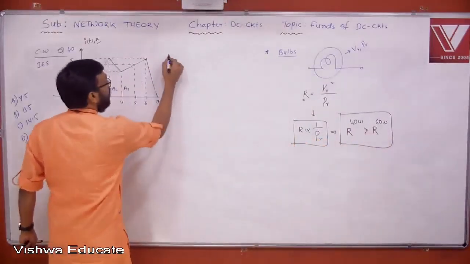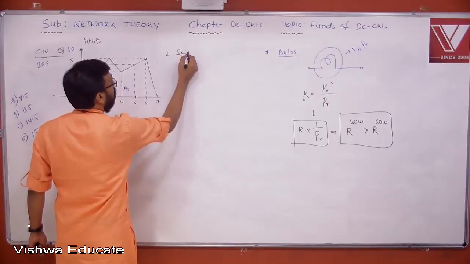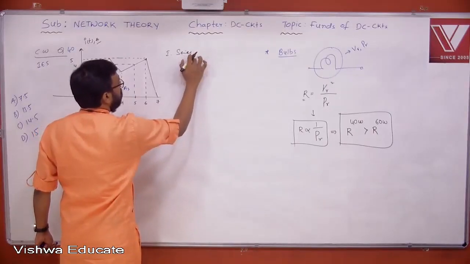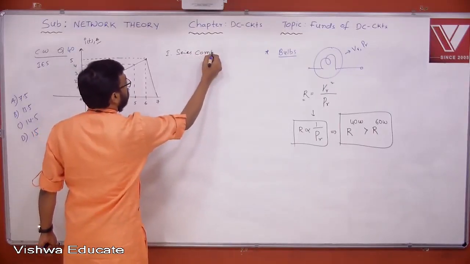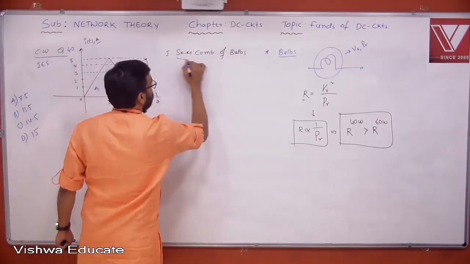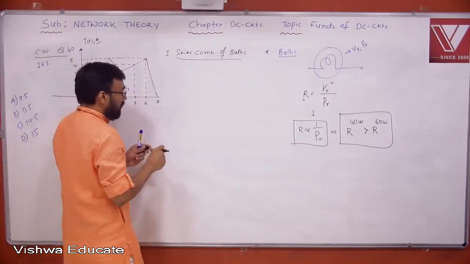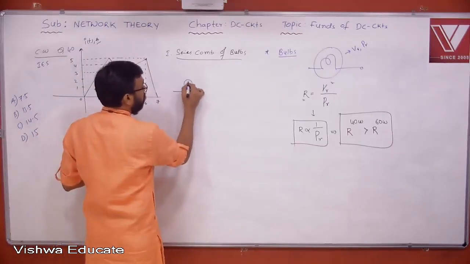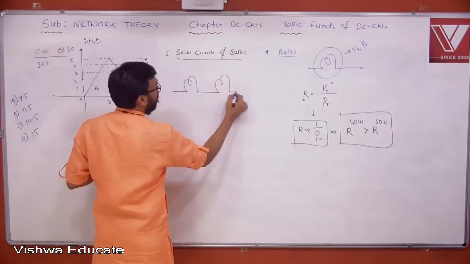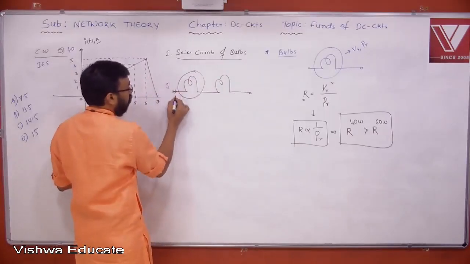Okay. Now, series combination of bulbs. First one we'll see is the series combination of bulbs. What happens when series combination is taken here? Obviously, when the bulbs are connected in series, the current is maintained the same, but the voltage gets divided.